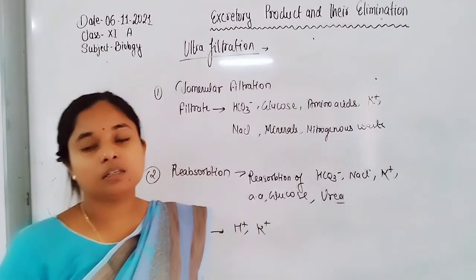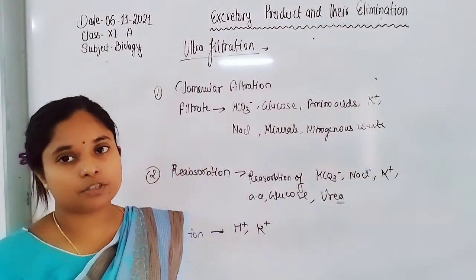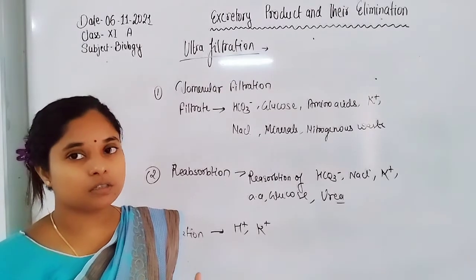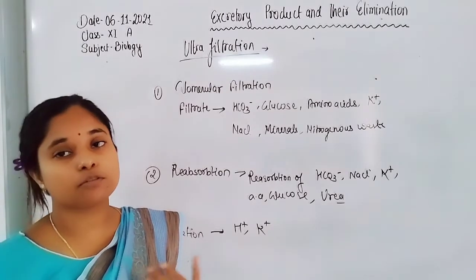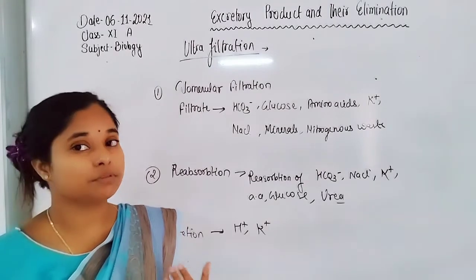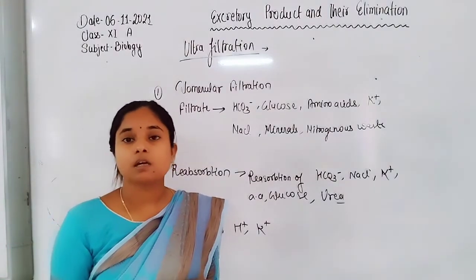So whenever the blood pressure increases, the GFR value also increases, and urine formation also increases with the increase in blood pressure.